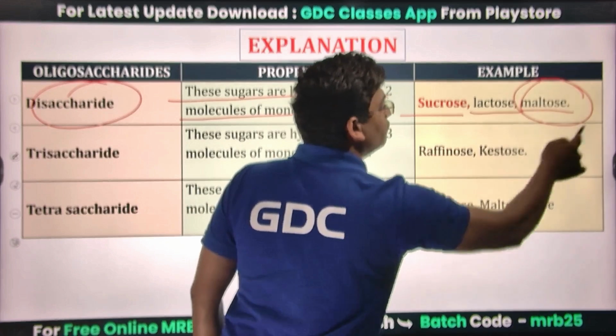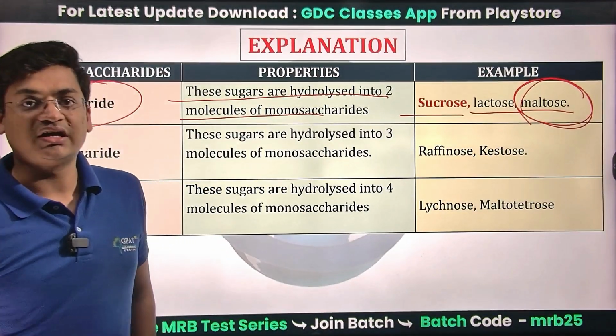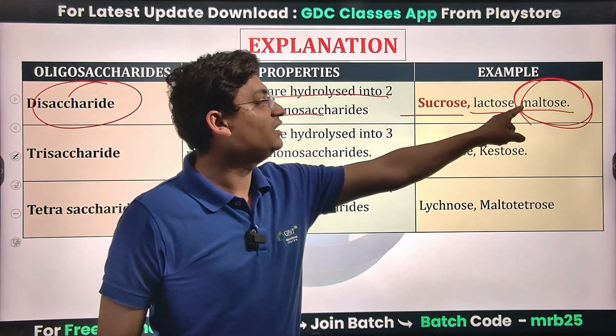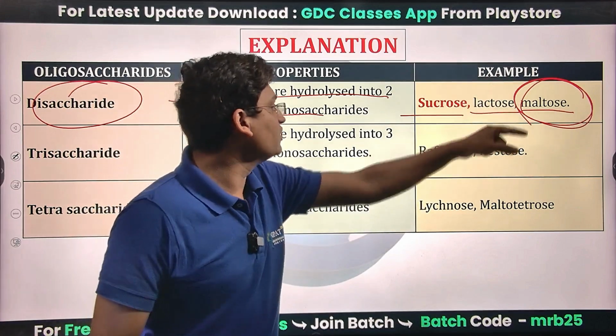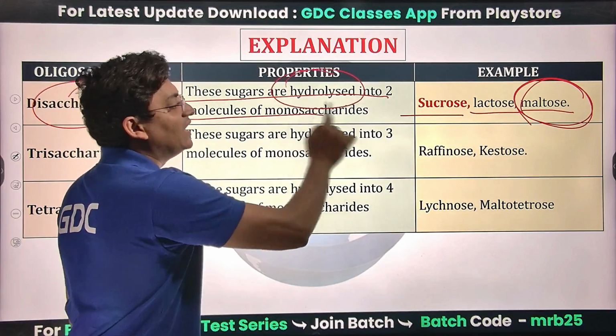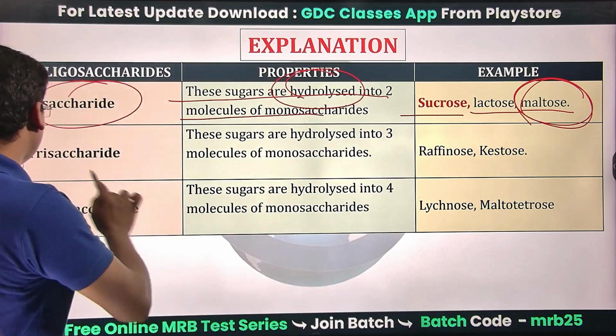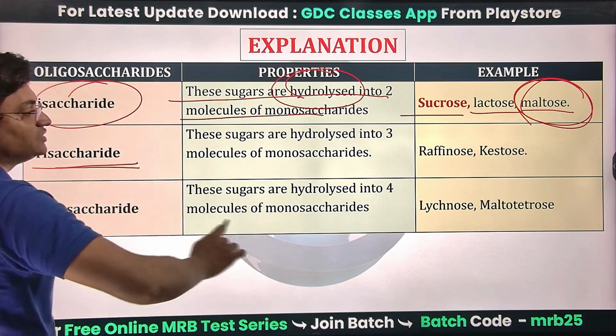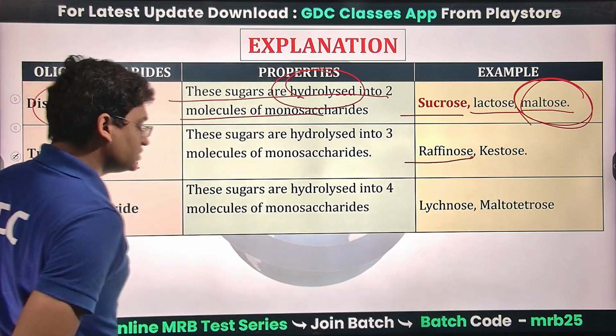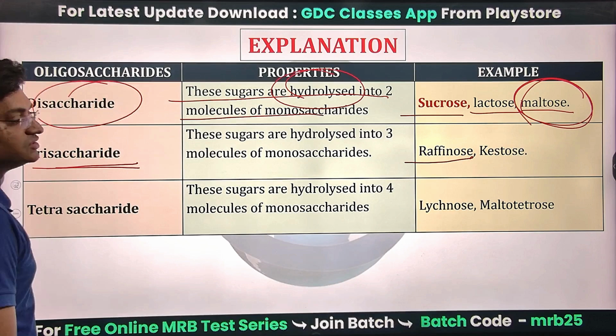What monosaccharide units do you get when we hydrolyze the maltose molecule? Among trisaccharides we have raffinose and melezitose, and among tetrasaccharides we have stachyose and maltotetraose.